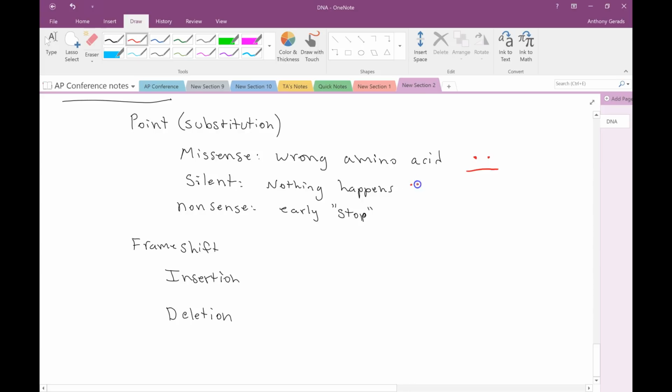Silent is a good one, because yes, I have this mutation, but nothing happened. Everything's still peachy keen. A nonsense mutation is bad. We have an early stop codon, so it's not going to be a good time.